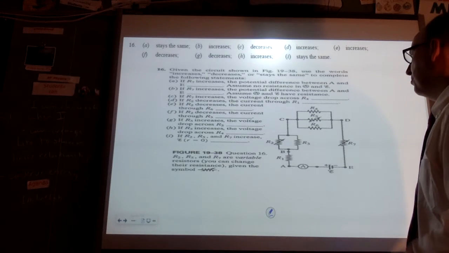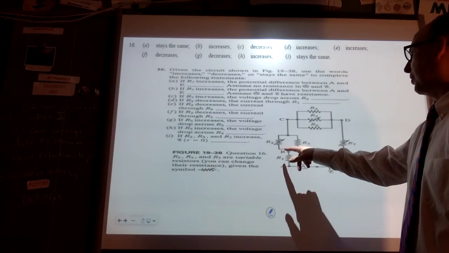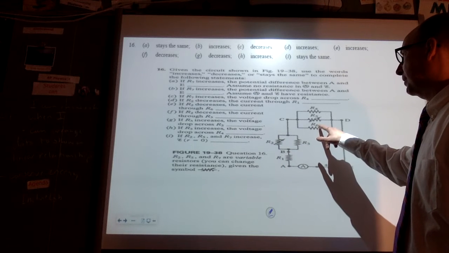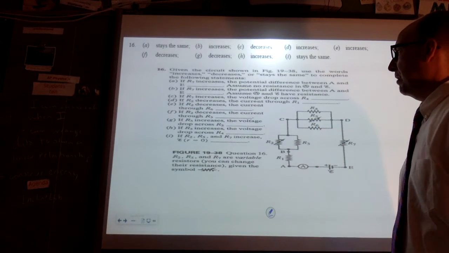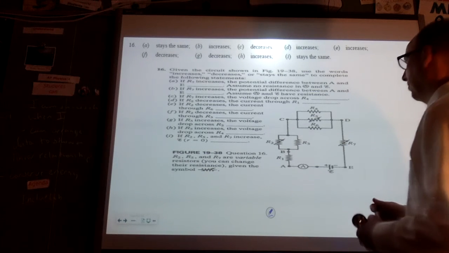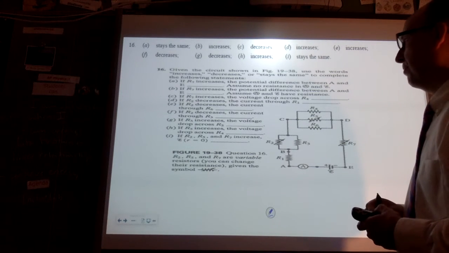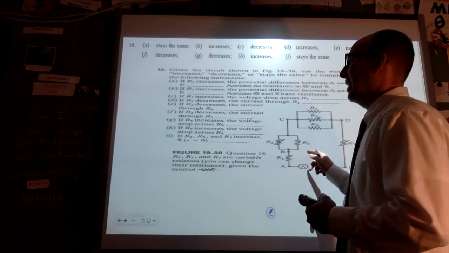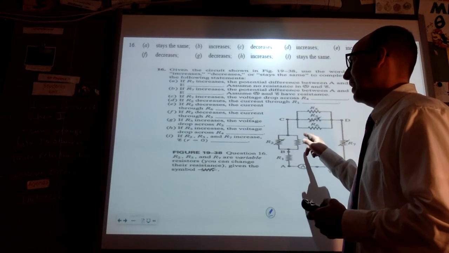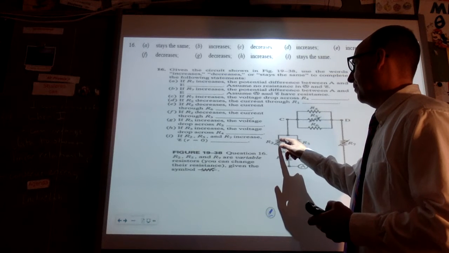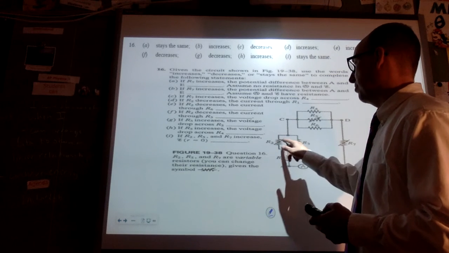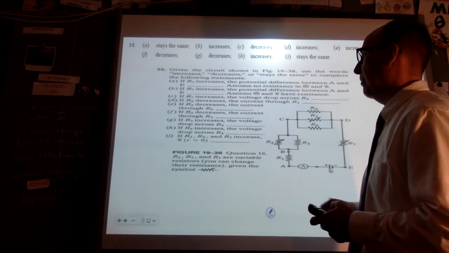If R2 decreases, the current through R6 is also going to increase. If R2 decreases, the current through R3 would increase. No, this would decrease. So more is going to go this way, so less is going to go that way.